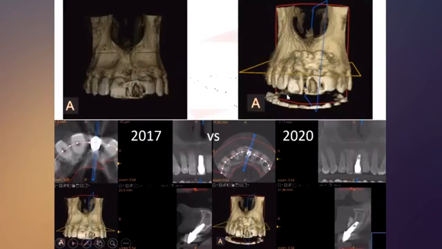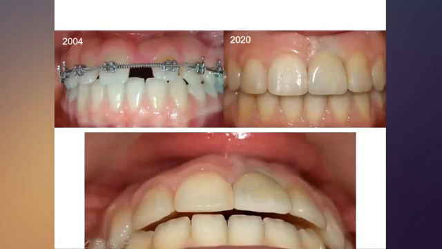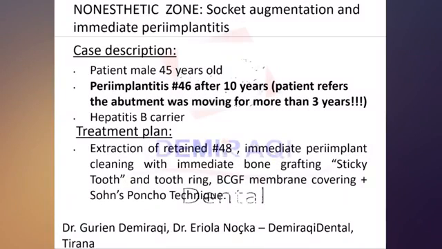So in one shot, I decided to improve the teeth and also the implant. This is the situation now. As you can see, it is much more improved than it was in 2004. And this is the view that Dr. Rado wanted so much to see.